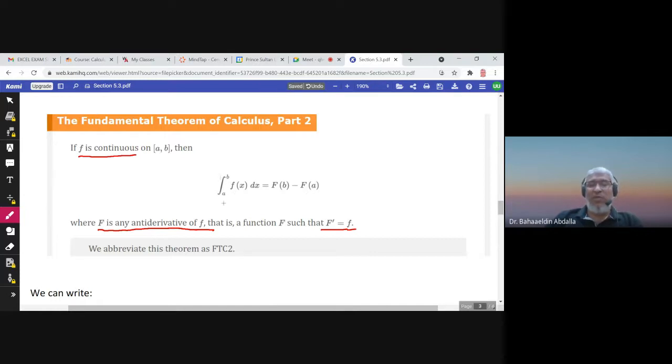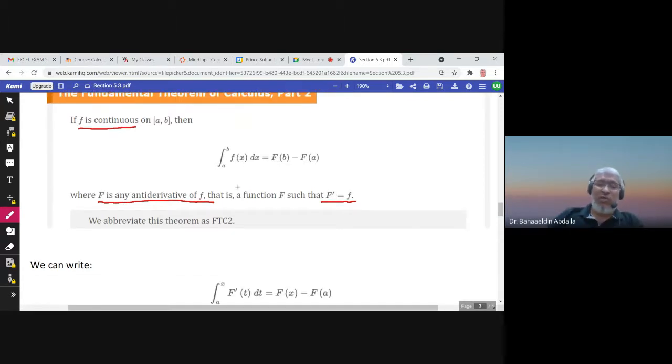So this means to find the integral of a function, you need to think of an antiderivative of this function. Antiderivative means a function in which you find the derivative, and you obtain small f.